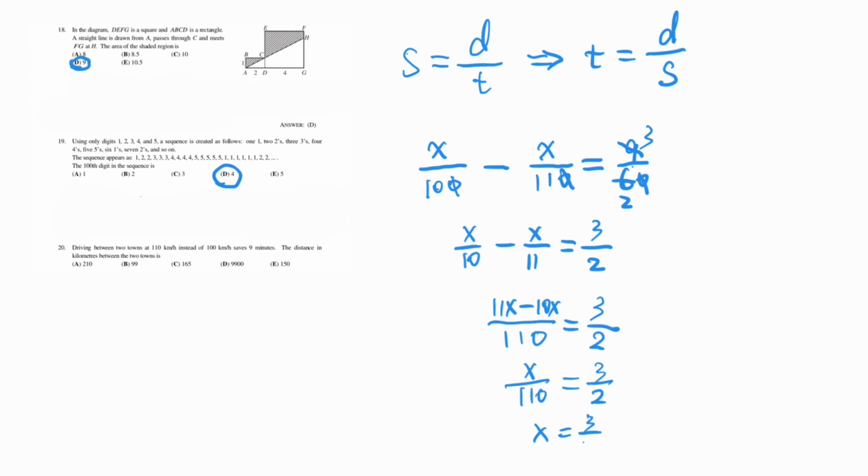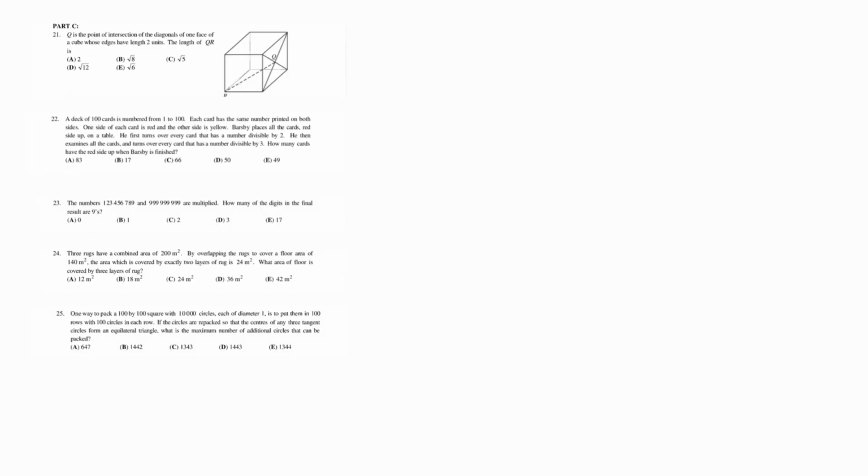That's 3 over 2 times 110. Cancel 2, that's 55. 3 times 55, that's 165. So the distance between the two towns is 165. The answer is C.